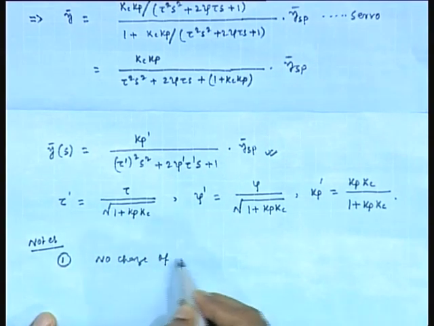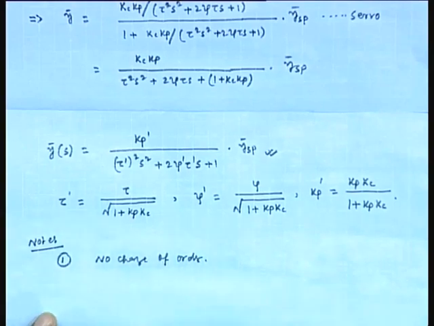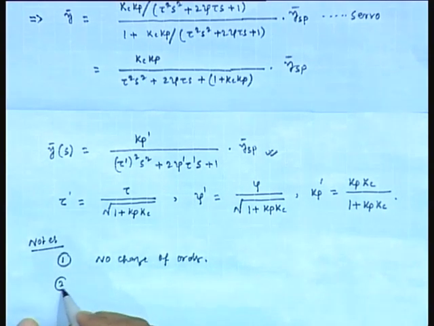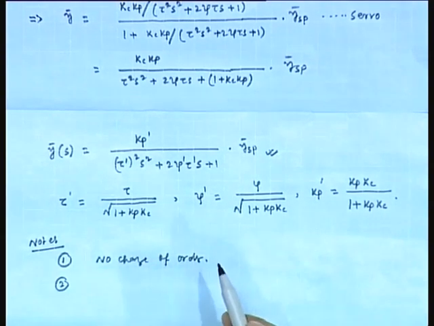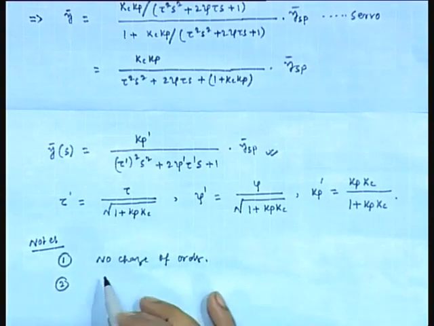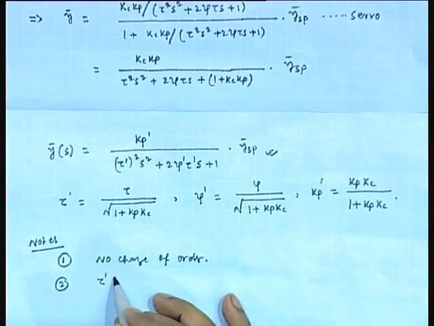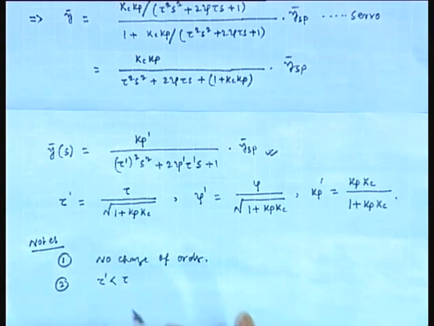Secondly, from the expressions, tau prime is less than tau, and zeta prime is less than zeta.